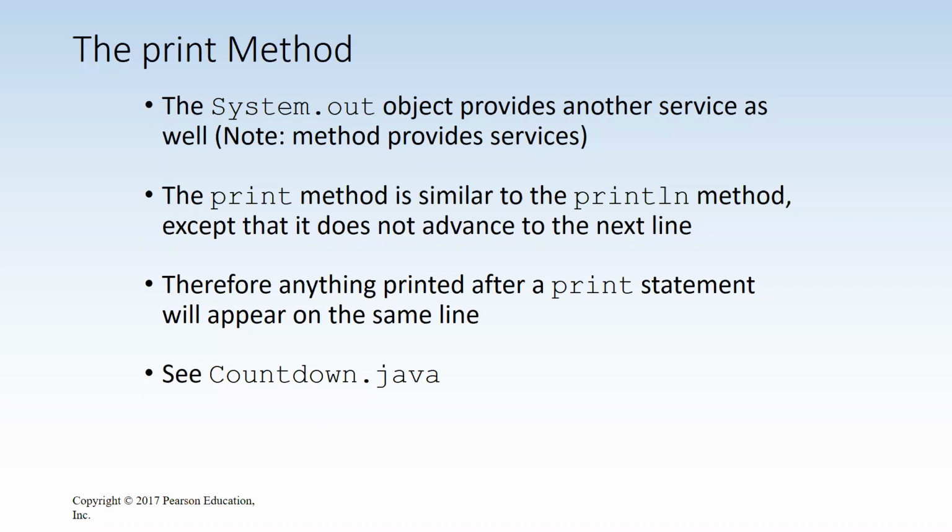Print will just print something, and then the cursor will stop right here. And so if you have another statement to print, it will continue. While print line is like this, print, print, print, and it inserts a new line character, so your cursor will go here. So when you print something else, it will go from here.